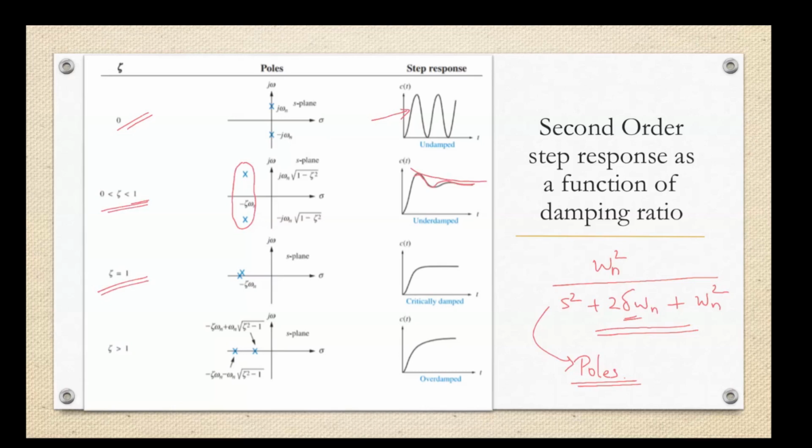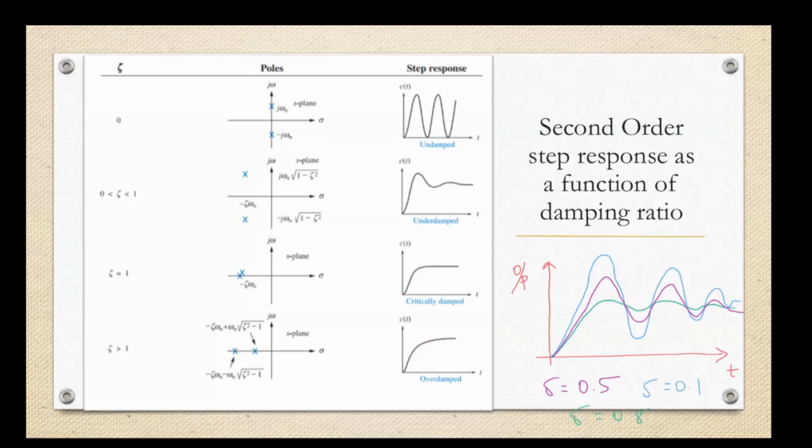So the response will be something like this, without any oscillations. And when delta is greater than 1, there are two different locations on the real axis on the left half of the S-plane. That is why the response is without any oscillations, and it is called an over-damped system.